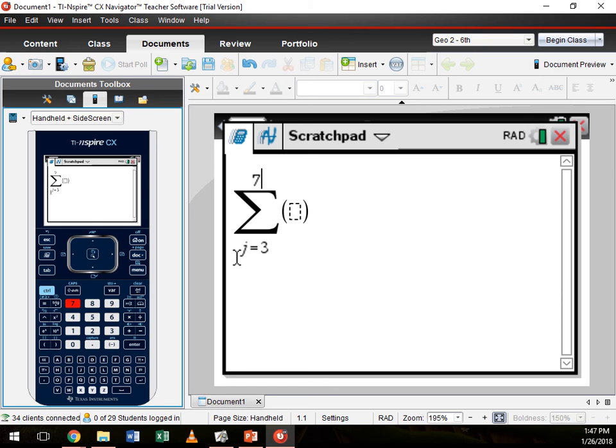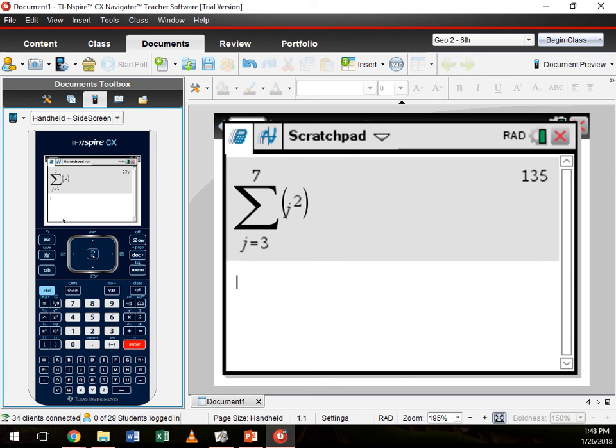Went to 7, and I write 7 starting at J squared. Do we have to put K? Your variables have to match. As long as they match, we can use any. If I change it to an X, it better be an X. The bottom one has to be that.